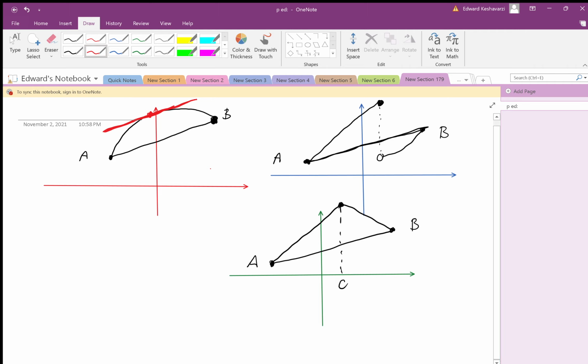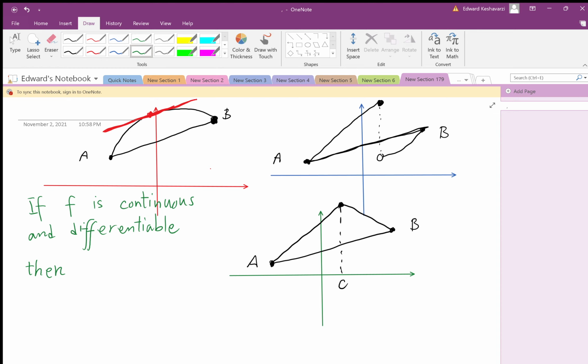So therefore, we can say that if f is continuous and differentiable, then there exists a tangent line parallel to the straight line.